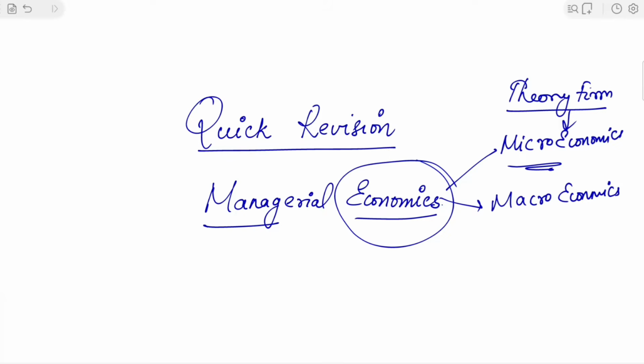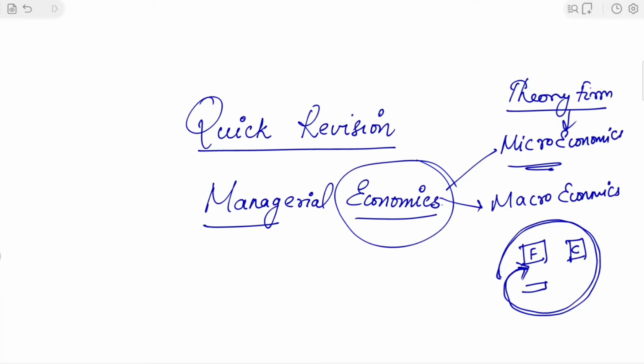In macroeconomics, we are mostly concerned with how economic resources or factors of production, like land, labor, capital, and technology, flow from the resource owner, that is the factor market, to the business firms, and from the business firms to households or the consumer market. That cyclical flow of goods, services and capital between the consumer market and factor market is what macroeconomics talks about.